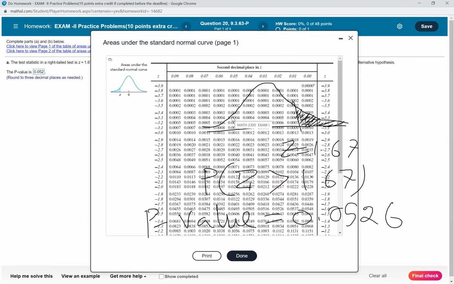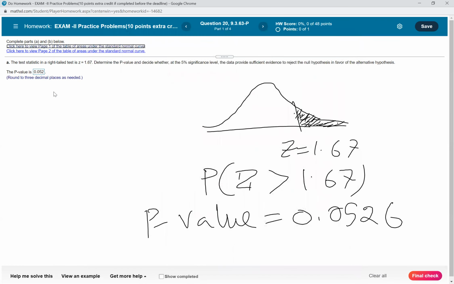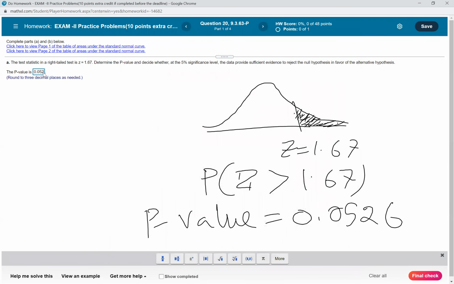But when I found the p-value, I considered 0 to 0.9. So actually 1.67 should be, 1.6 is here and 7 is here. So 1.67 is here. So it is 0.0475. So that means 0.048.